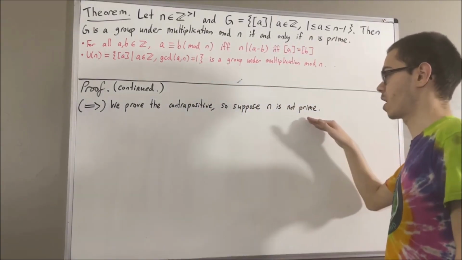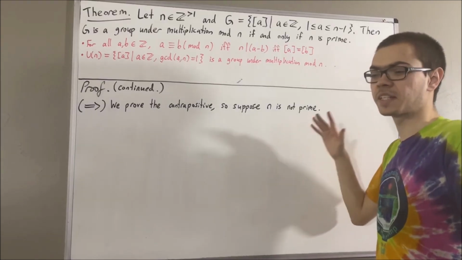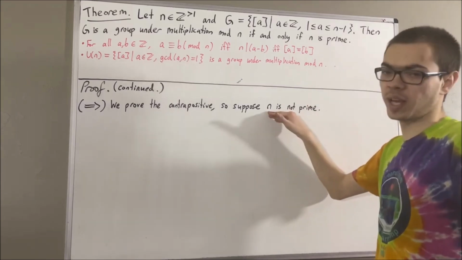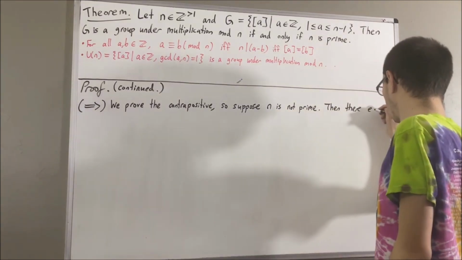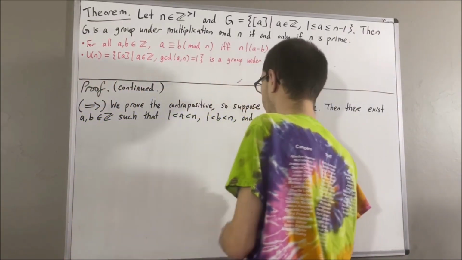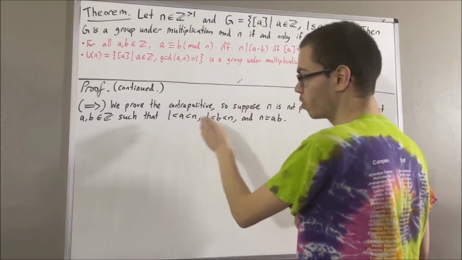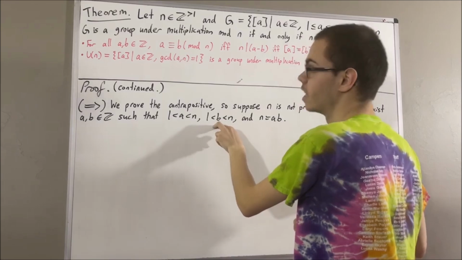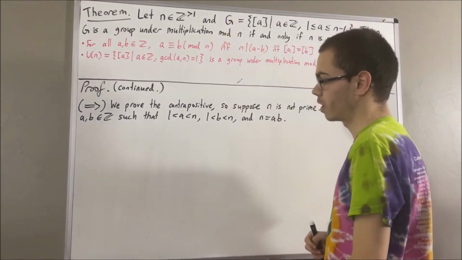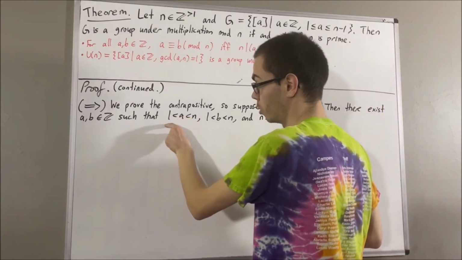Since n is not prime, there exist integers a and b such that 1 < a < n, 1 < b < n, and n = ab. But these two inequalities tell us that the equivalence class of a and the equivalence class of b satisfy the requirements to be an element of G. Because since a is greater than 1, we have a ≥ 1.